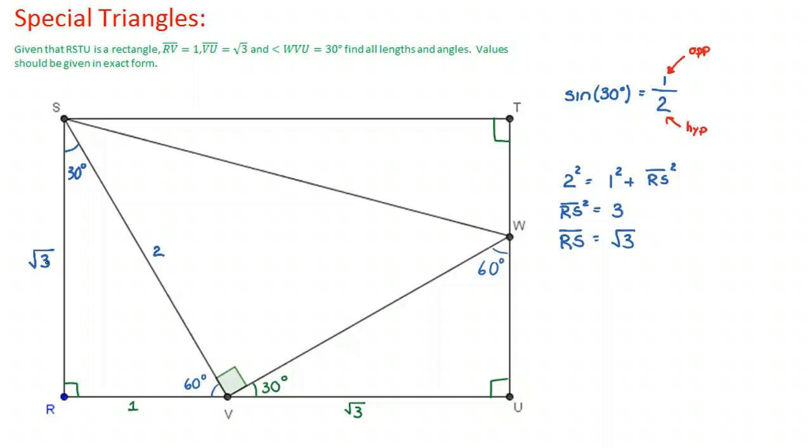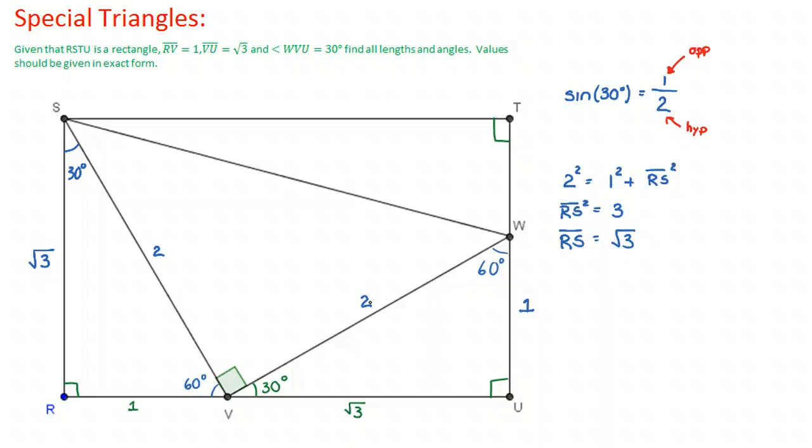Now what I say to myself is, well, notice 30, 60, 90, 30, 60, 90. If RS is root 3 and VU is root 3 and the angles inside the triangle are the same, that means that UW must be 1 and VW must be 2.